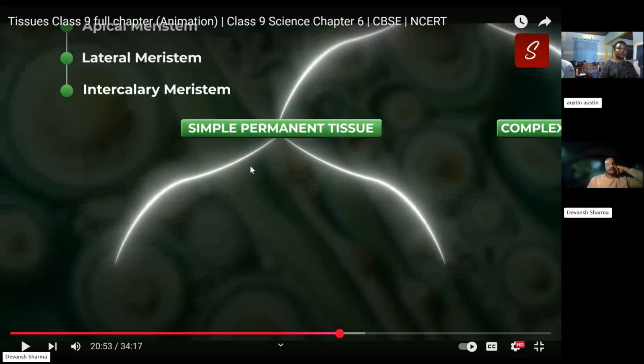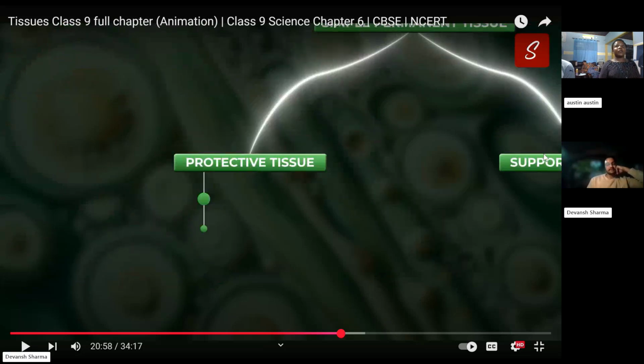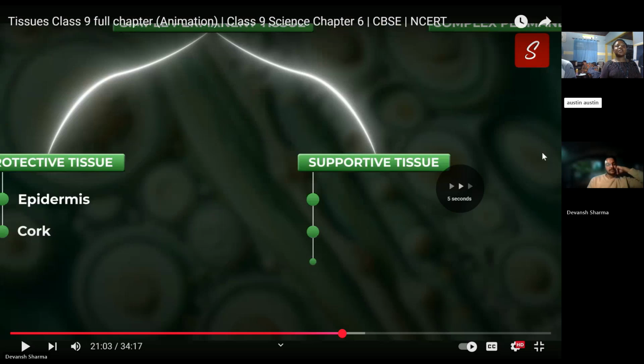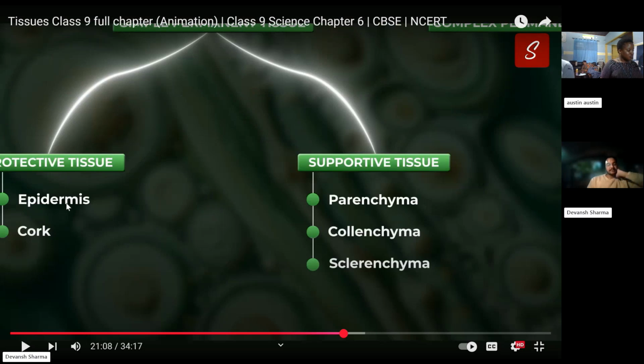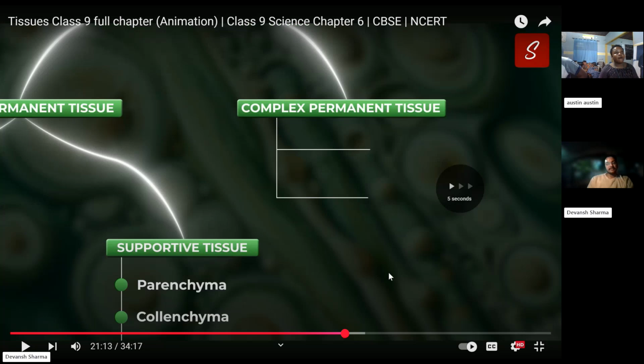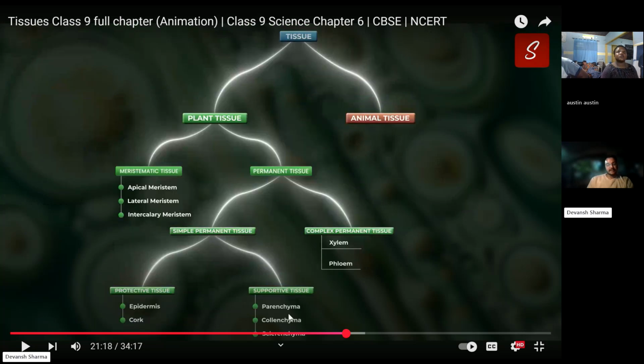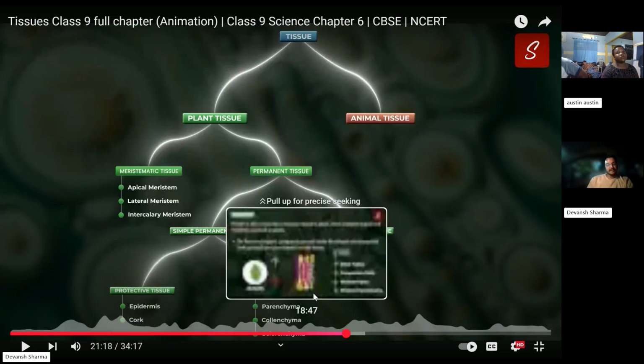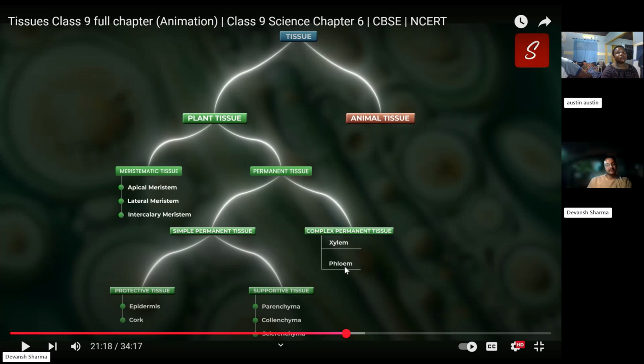Simple permanent tissues are further of two types: protective tissue and supportive tissue. Protective tissue is epidermis and cork. Supportive tissue is parenchyma, collenchyma, and sclerenchyma. Complex permanent tissue is xylem and phloem.